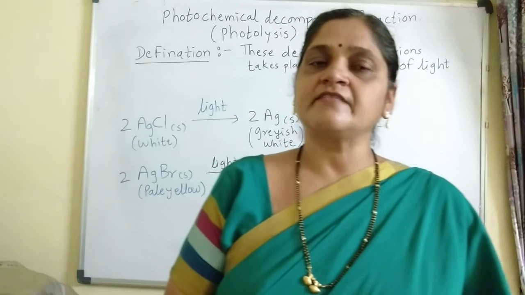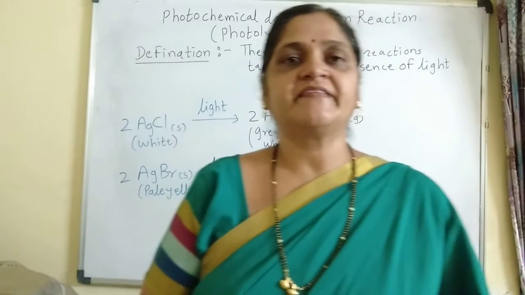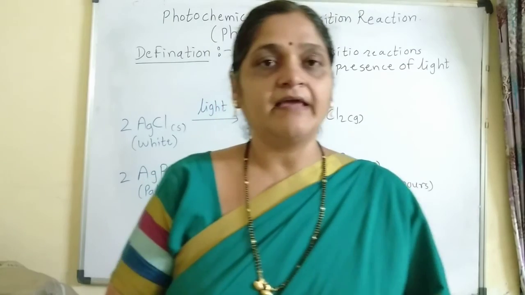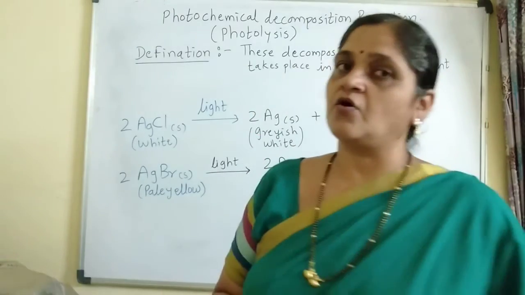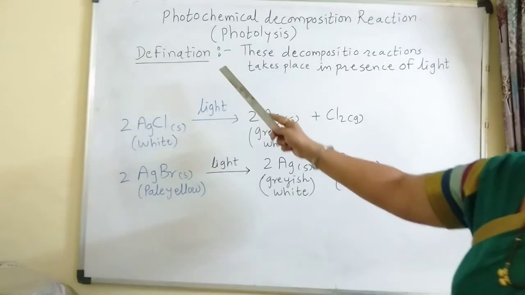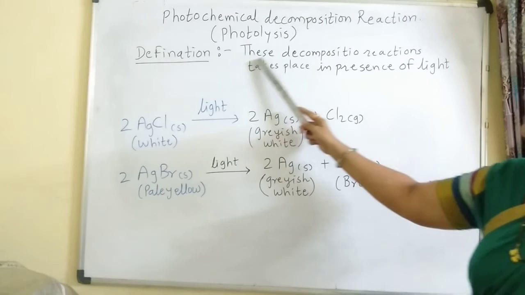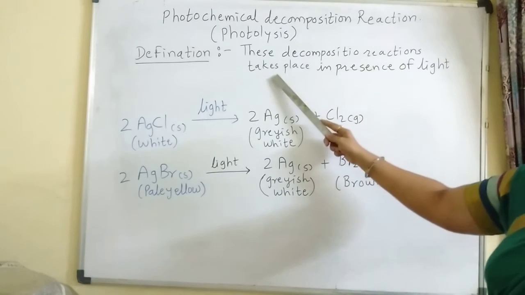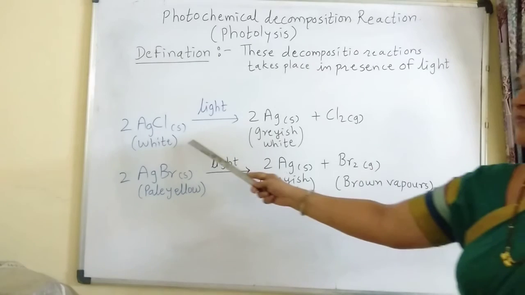Now these silver chloride crystals undergo decomposition in the presence of light. That is why this is known as photochemical decomposition or photolysis. So the definition of a photochemical decomposition reaction is that this decomposition reaction takes place in the presence of light. Here I have taken the example of silver chloride.